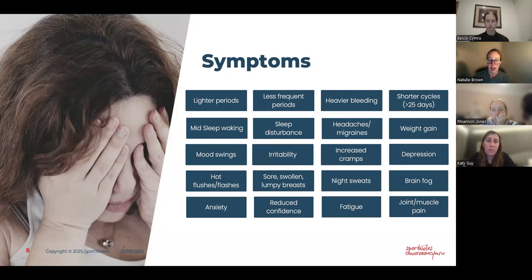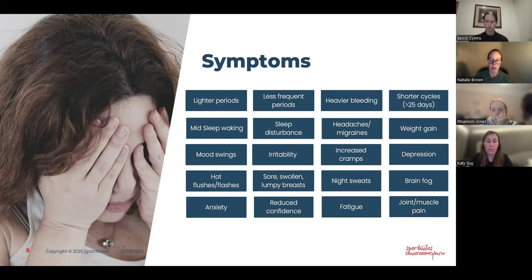Mood swings can be to the point of depression and anxiety. So it can be quite severe in terms of mood swings and how that affects someone's mental health and well-being. Other things there, brain fog. I think that's probably the one that is reported most to me as a challenging symptom: how it affects them day to day, in training, at work, in all different situations.